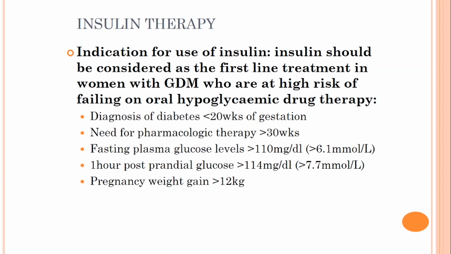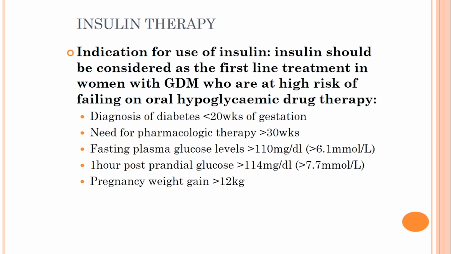Any patient in whom diabetes is diagnosed in less than 20 weeks gestational age is a candidate for insulin therapy. If there is need for pharmacologic therapy more than 30 weeks, the patient should be commenced on insulin. Then when a fasting blood glucose of more than 6.1 millimole per liter is recorded, insulin should be the first line drug.